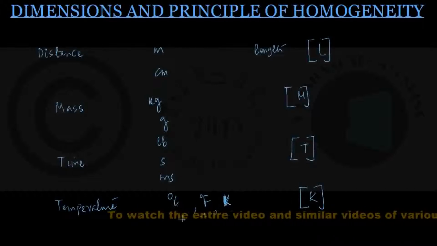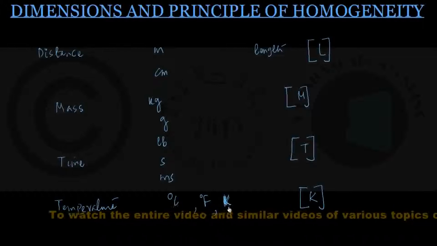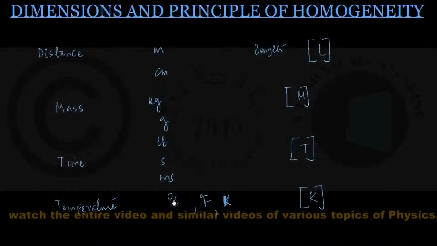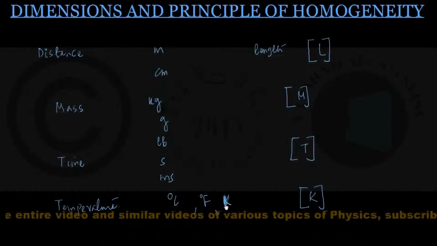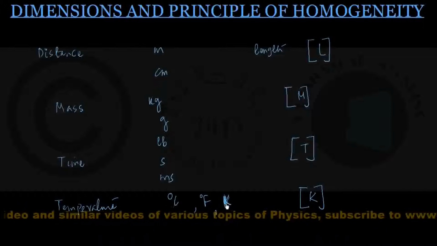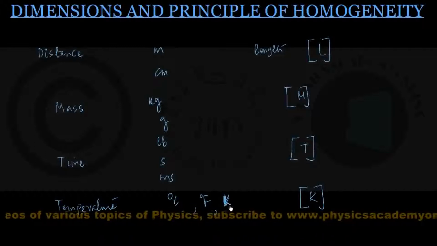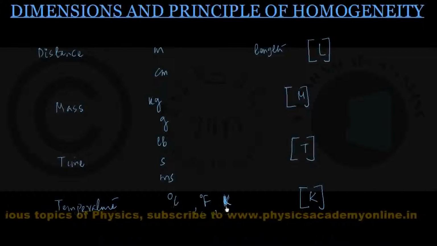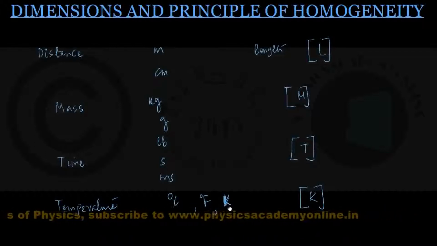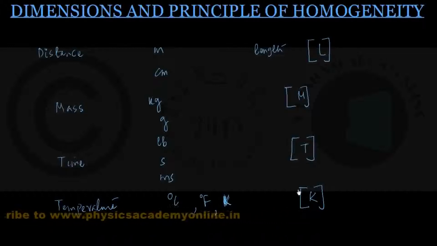You can see that capital K without the degree symbol, as in Kelvin, is the thermodynamic temperature unit in SI, but both are Ks. When you put it by itself without any bracket, that's for the unit Kelvin, the SI unit of temperature. But when I put this in square brackets, it means the dimension of temperature, that's different.